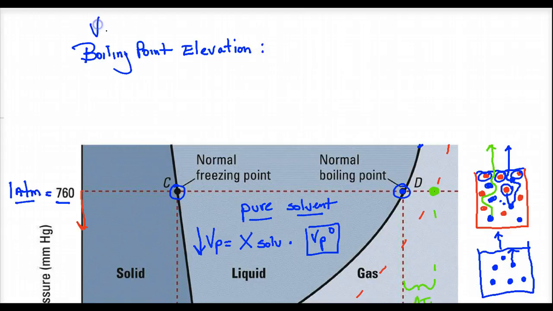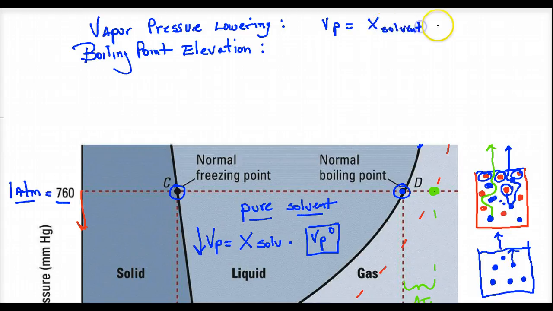So we also have vapor pressure lowering, which we've already learned to be Raoult's law. So vapor pressure lowering is the new vapor pressure is equal to the mole fraction of the solvent times the vapor pressure from tables.